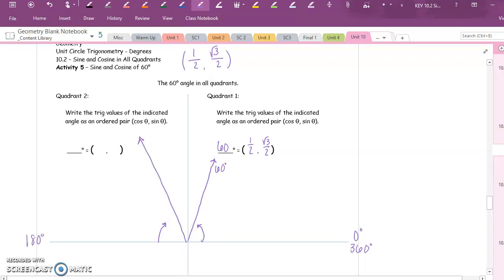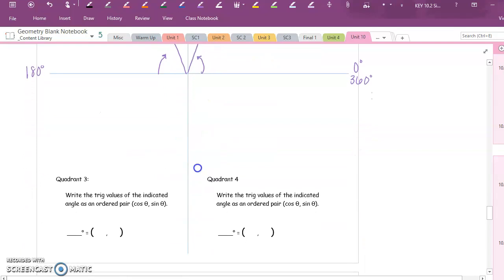So 180 minus 60, I'm at 120 degrees. So we have 1/2, comma, square root 3 over 2. In quadrant 2, we have negative, positive. So therefore, negative, positive.